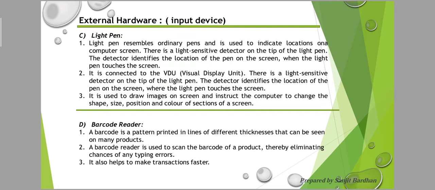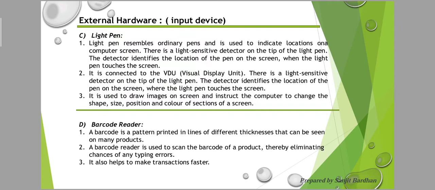When the light pen touches the screen, it is connected to the video, meaning the visual display unit. The detector is used to identify the location of the pen on the screen where the light pen touches. Okay, this is how the light pen works to write something on a computer.